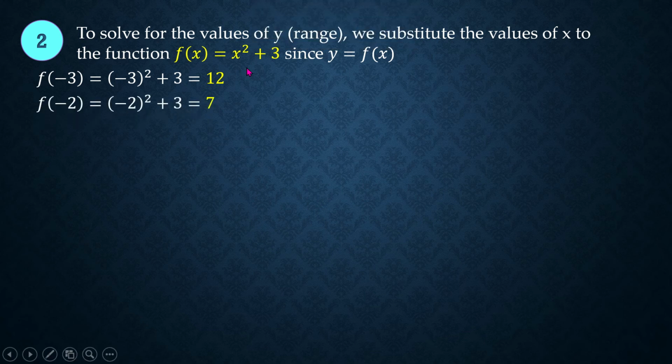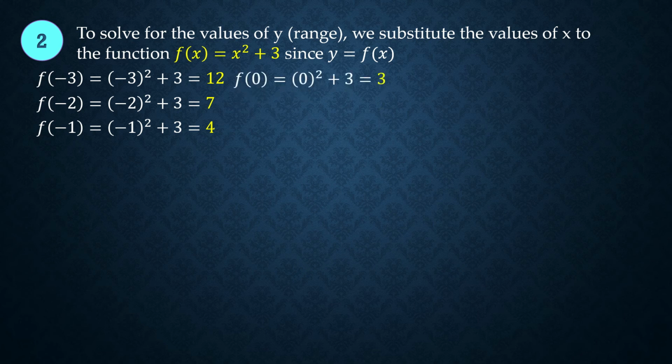Next, if x is negative 2, so the square of negative 2, that means negative 2 times negative 2, that is positive 4. Positive 4 plus 3 is 7. How about when x is negative 1? Square sa negative 1, negative 1 times negative 1 is positive 1. Positive 1 plus 3 is 4.